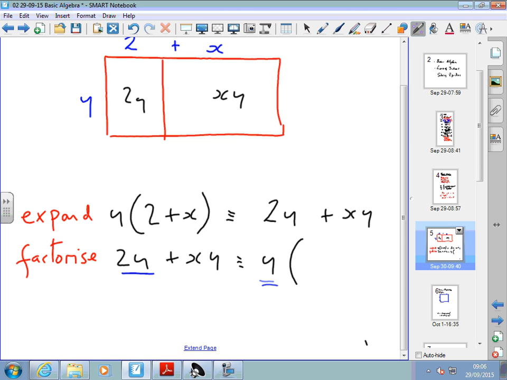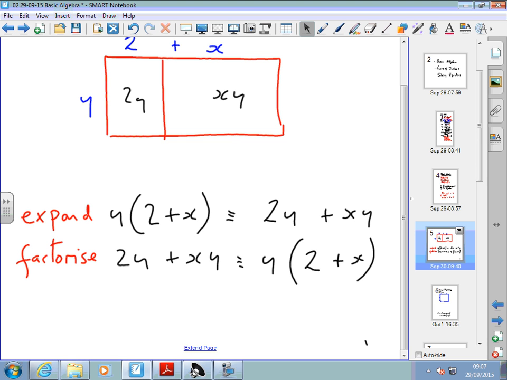So 2 goes here. Plus, what have I got to do to y to get back to xy? Times it by x. So x goes here. So what goes inside the bracket is what's left. And I've factorised that now.